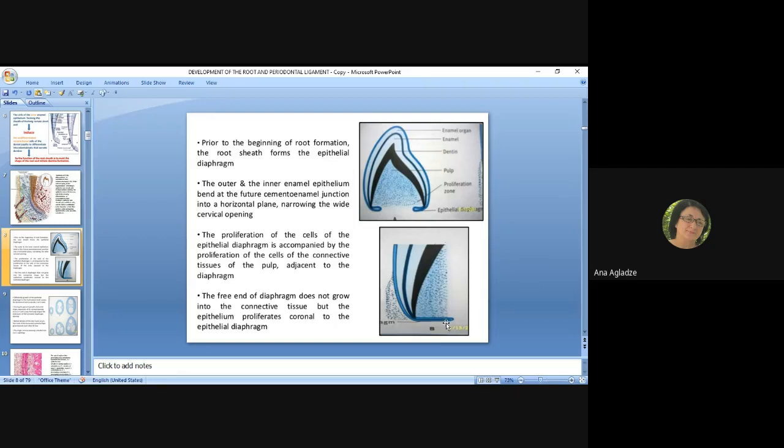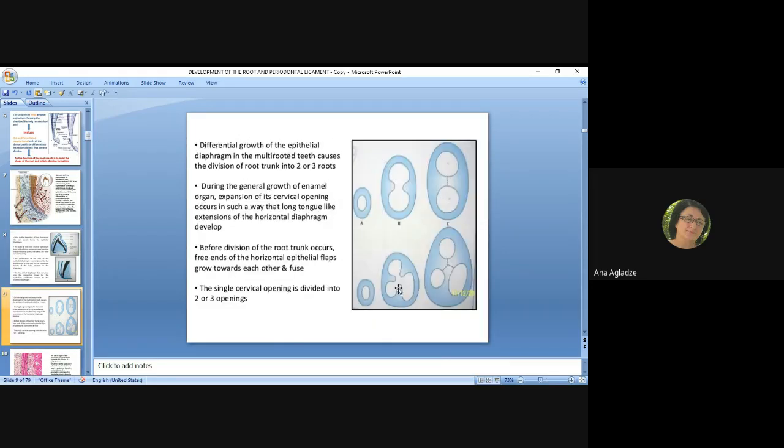This induces the differentiation of these mesenchymal or papillary cells, and they differentiate into the odontoblasts, and the free end of this diaphragm does not grow into the connective tissue, but the epithelium proliferates coronal to the epithelial diaphragm. And you know that differential growth of the epithelial diaphragm in multi-rooted teeth causes the division of root into two or three roots.